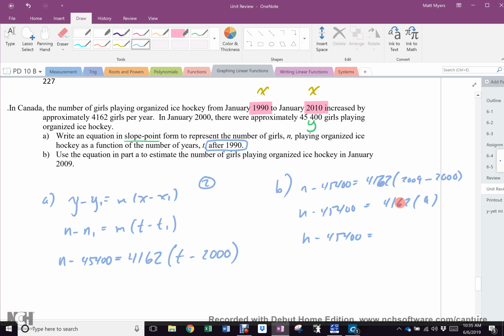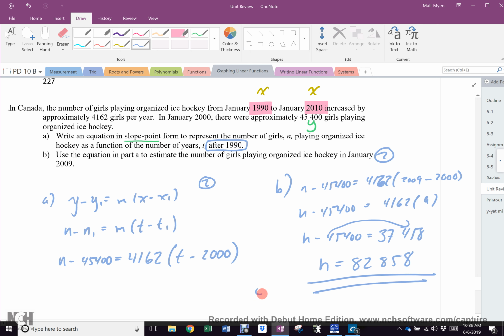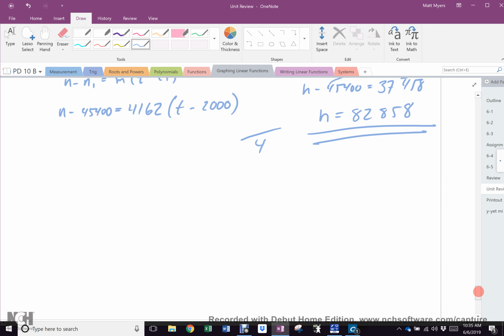I can't do this that quickly in my head. It's 41,620 minus 4,162. So it's 37,500 and a bit. 37,458. Okay. This comes over here and becomes what? Positive to get 82,858 for 2 marks.